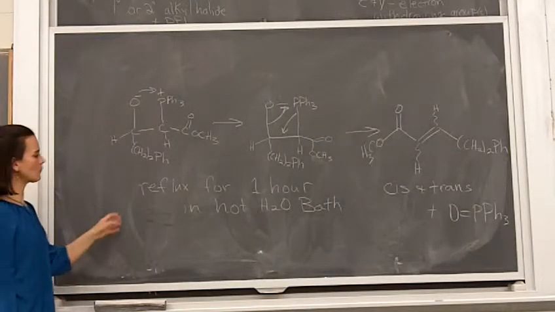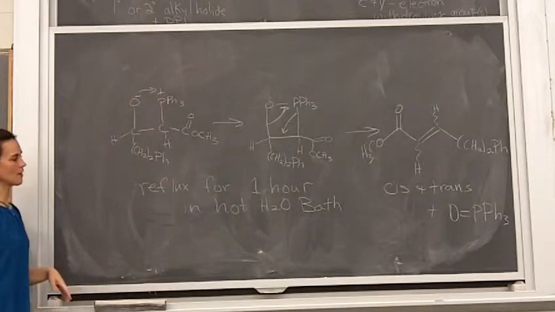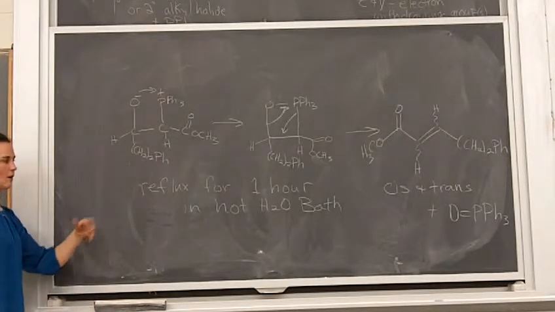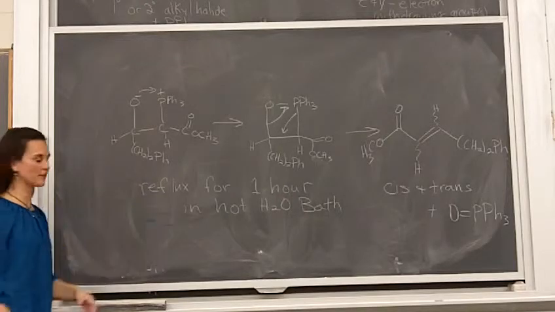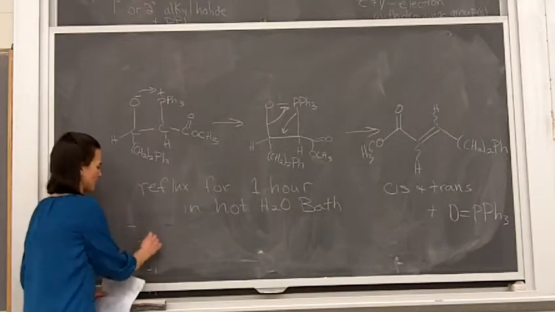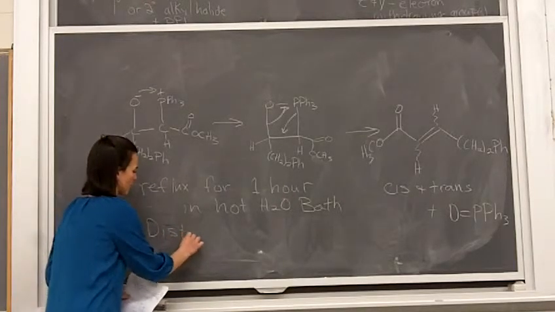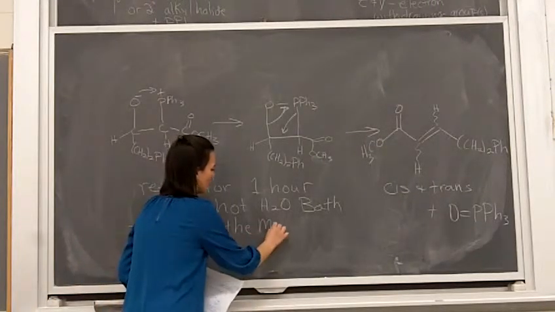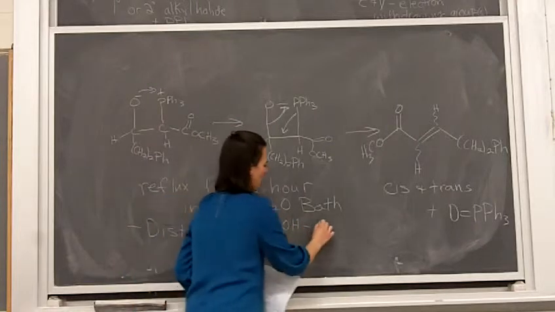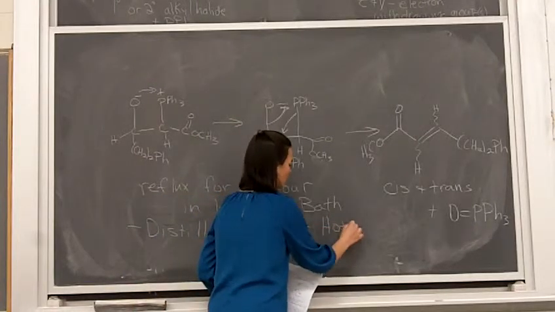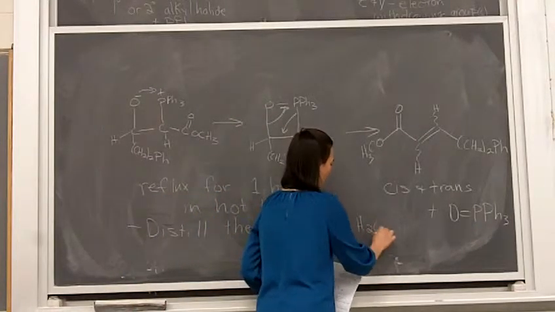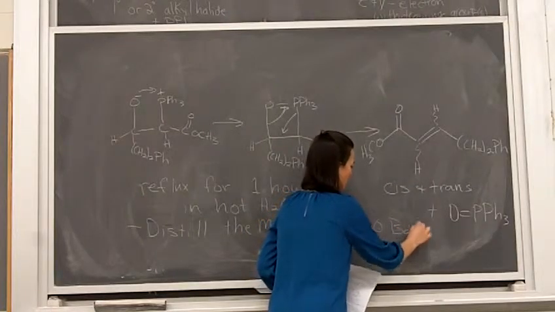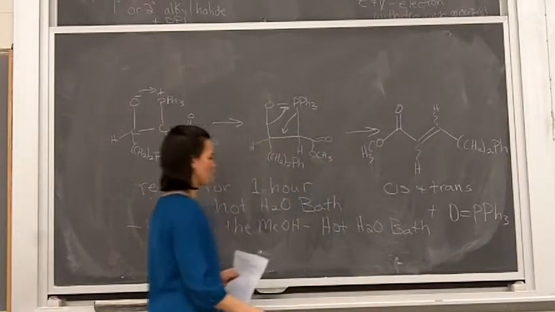Okay? Then, after you reflux for an hour, you need to get rid of the methanol. Well, it's already good and hot from refluxing for an hour, so we're just going to distill the methanol, okay? And you're, again, going to use a hot water bath. So we're not using a heating mantle at all during this reaction and during the isolation of the product.